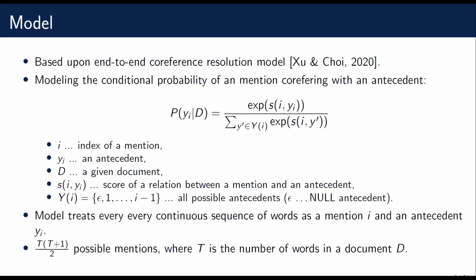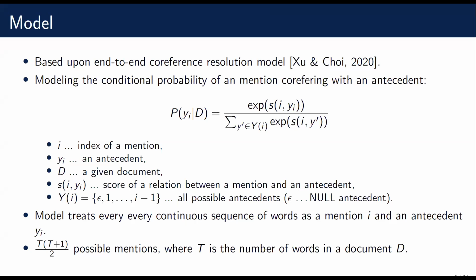So it models the probability of antecedents in a document, and it uses a binary score that says how well a mention, which is here annotated with i, is related to some antecedent.